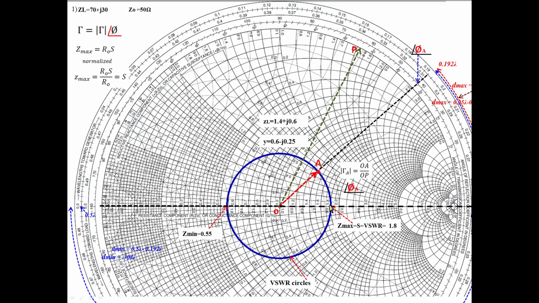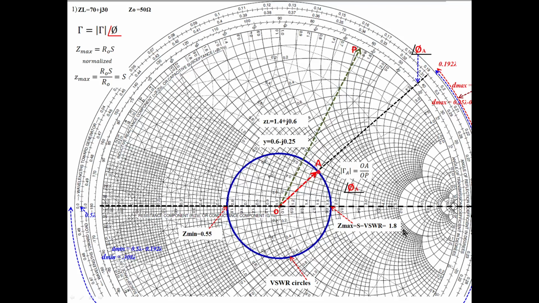You read the resistance circle value and the reactance circle value. The resistance circle passing here is 1.8. The reactance circle is not passing here, nor is this one, so the reactance circle passing here has value 0. So reactance is 0, resistance is 1.8. So the answer is 1.8, the normalized impedance.